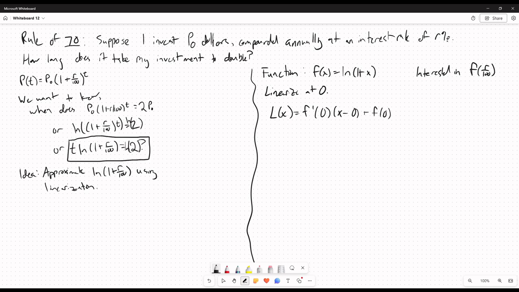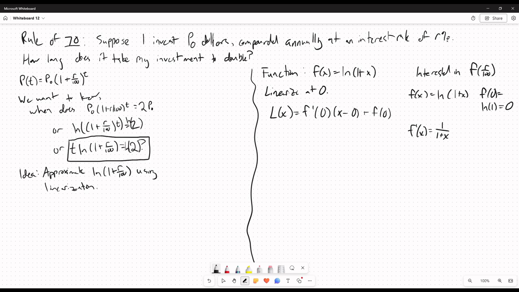So now we need to find what's f of 0 and what's f prime of 0. We have f of x equals natural log of 1 plus x. F of 0 is going to be natural log of 1, which is 0. For f prime of x, we need to use a little bit of chain rule here. It's not too bad. It's going to end up being 1 over 1 plus x.